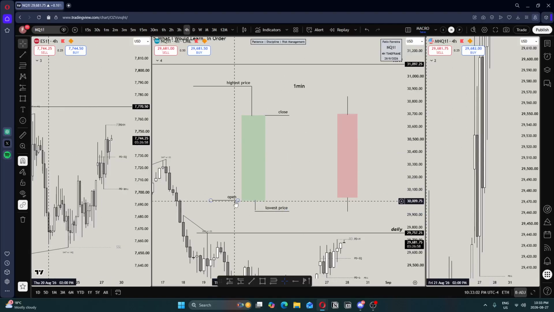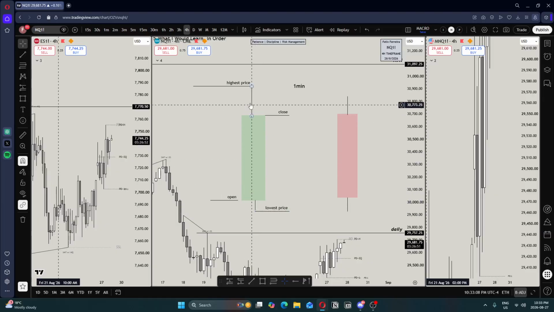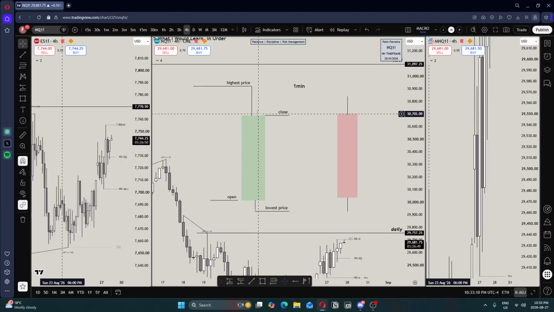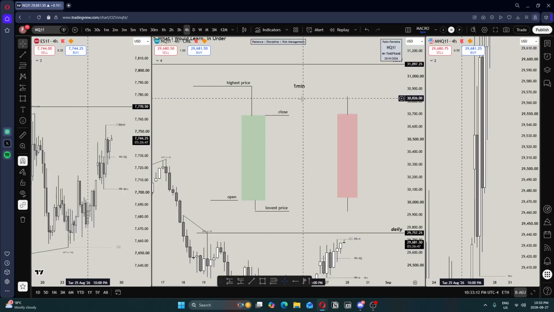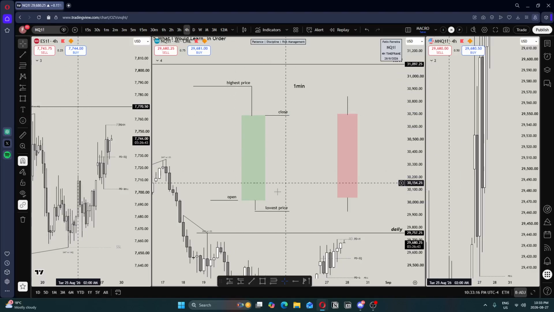So pretty simple here. Price opens at the low of the body candle. This is the lowest price that is put in. This is the highest price that is put in. And the 1 minute candle closes right here. And this leaves this signature candlestick.